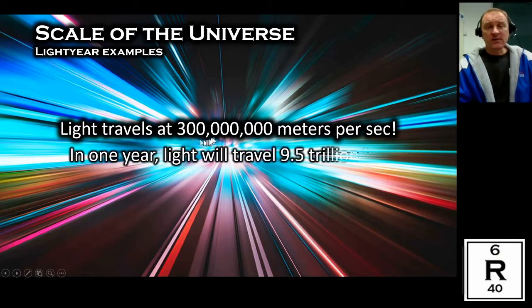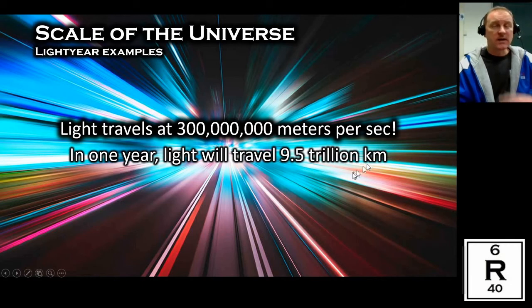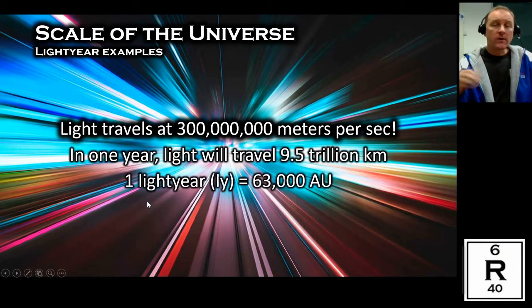So if it's traveling 300 million meters per second, that would mean in 1 year, light will travel 9.5 trillion kilometers. So it does travel a distance, and 9.5 trillion kilometers in 1 year, or since we were talking about astronomical units, 1 light year would be equal to 63,000 astronomical units.